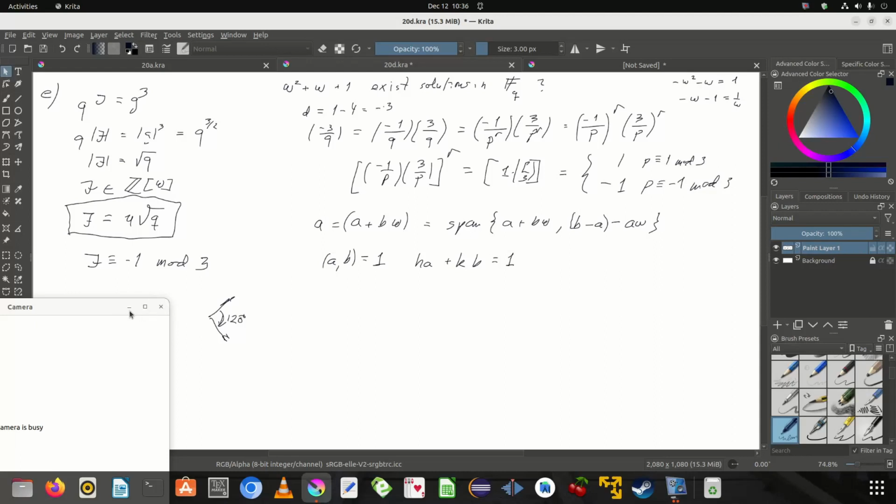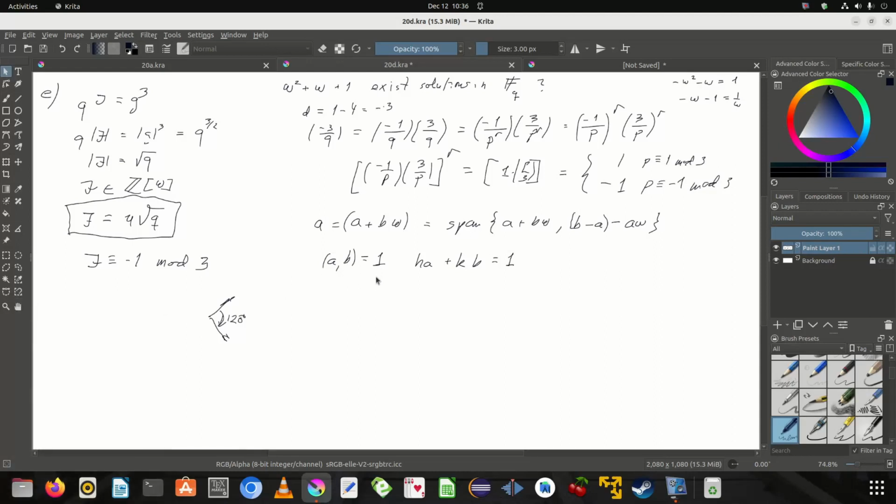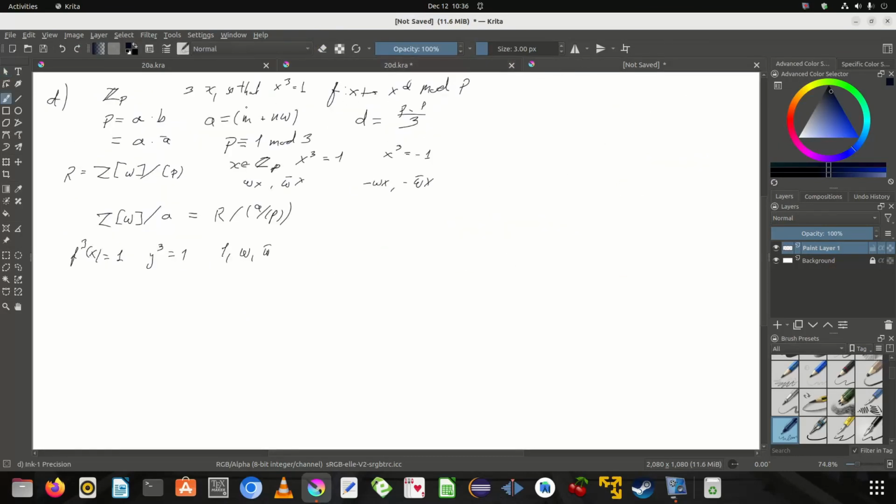Oh, it seems that I have a loose connection in the camera here. So this has happened a few times. I have the third powers of, or the powers that we get using this map.